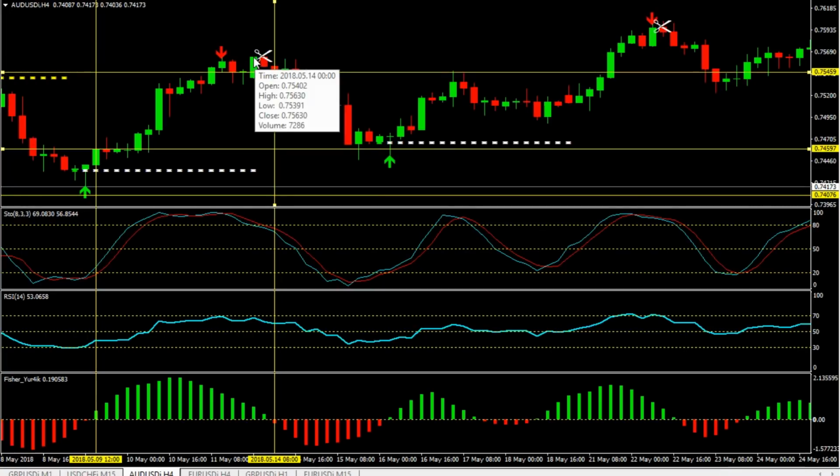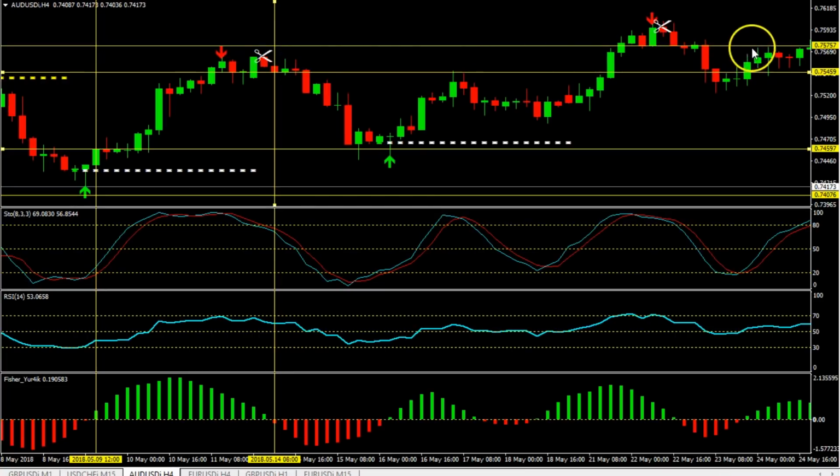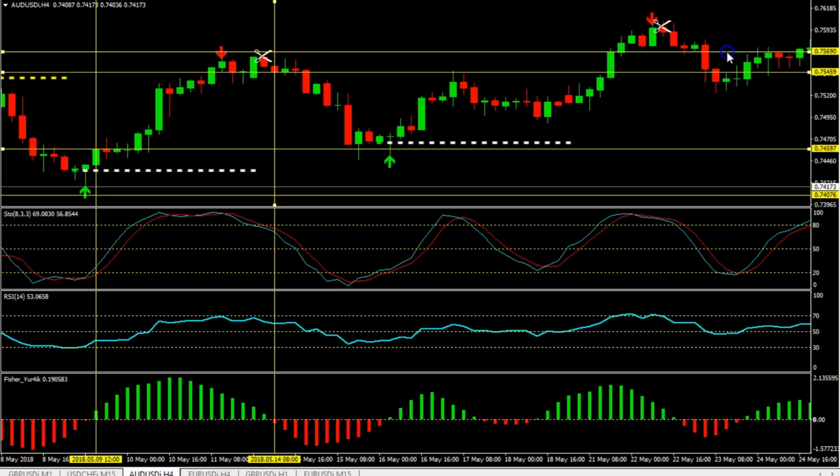Yes, this is the higher, so add 5 to it. 0.7568. So this is going to be your stop loss, somewhere up here. Okay, this is going to be your stop loss.